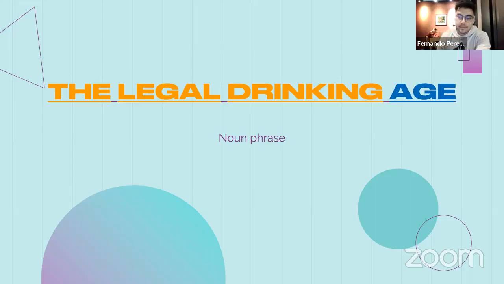Okay? This sequence repeats in English a lot. We have a lot of sequences that start with adjectives and then end in nouns. This sequence is called a noun phrase.